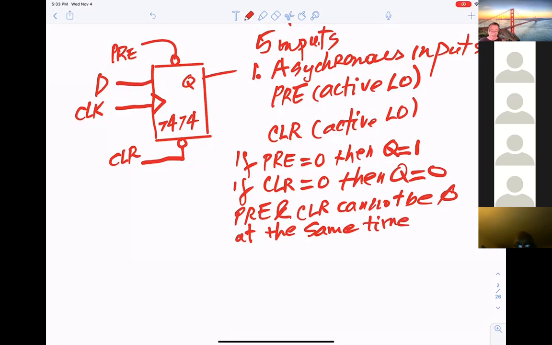Okay, the reason is that one will set output Q to be 1, and the other will set output Q to be 0. If both are active low, the flip-flop doesn't know what to do.